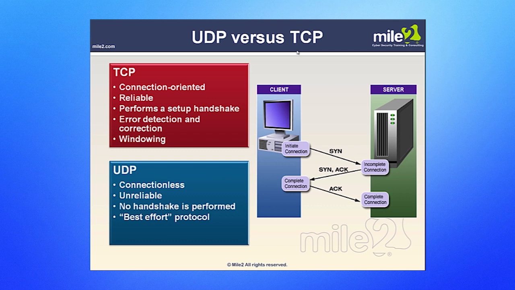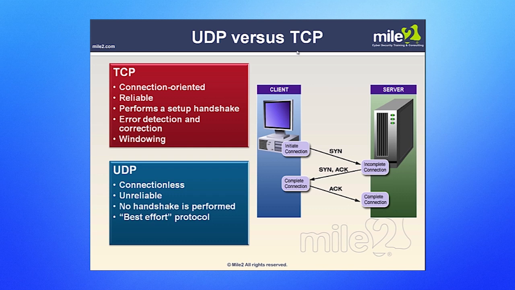And with UDP, that ability does not exist. It's connectionless. It's still useful, but yet unreliable. There's no back and forth handshake. It's just like, here it is, I hope you got it. Postcard again. And as you can see in the drawing on the right between the client and the server, this is called a TCP three-way handshake.